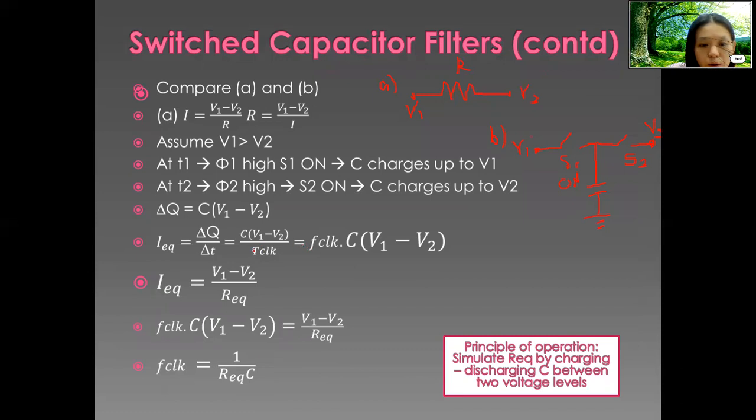And 1 over T clock will be equal to F, the clock frequency. So we will have clock frequency multiplied with C multiplied with V1 minus V2.